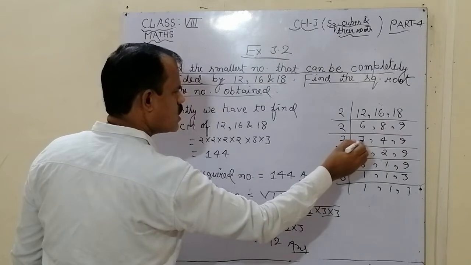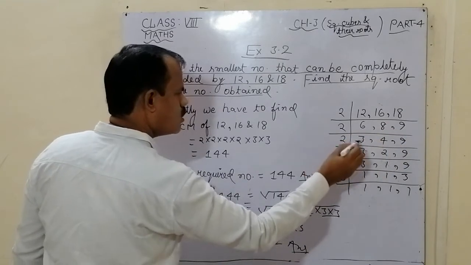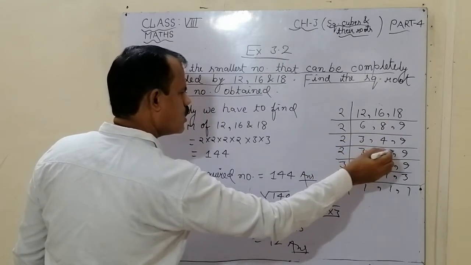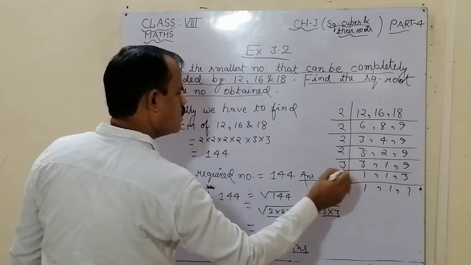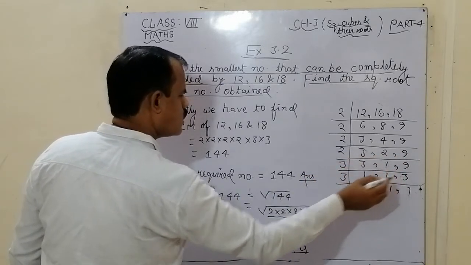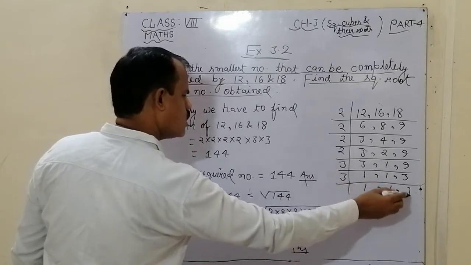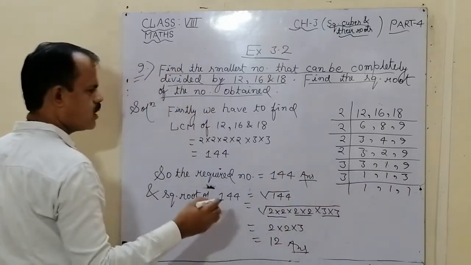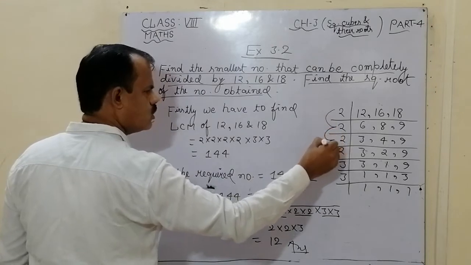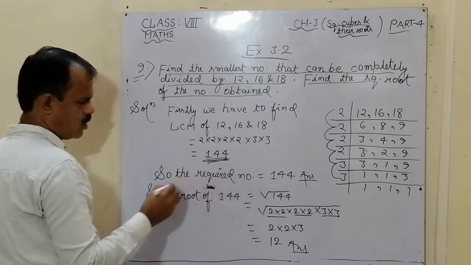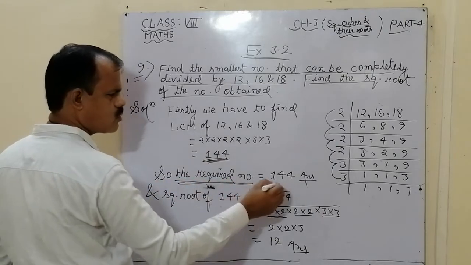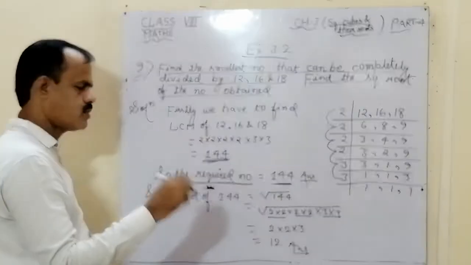Then 3, 1, 9. Then by 3: 1, 1, 3, and by 3: 1, 1, 1. So LCM equals 2 into 2 into 2 into 2 into 3 into 3, which becomes 144. So the required number is 144. This is the first answer.